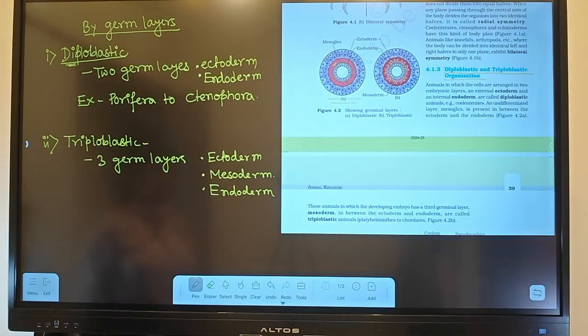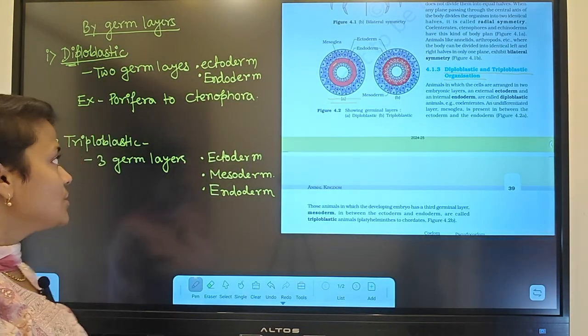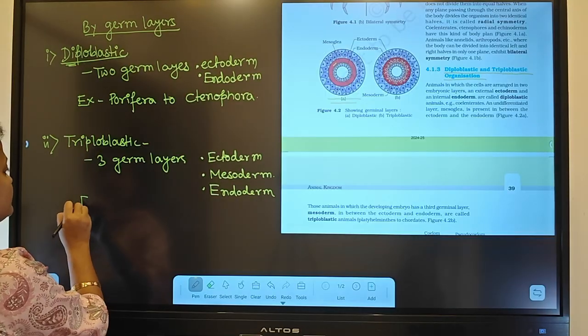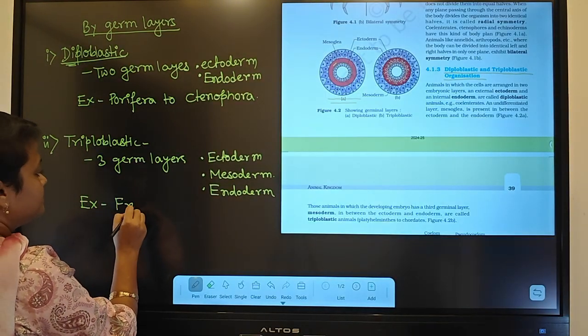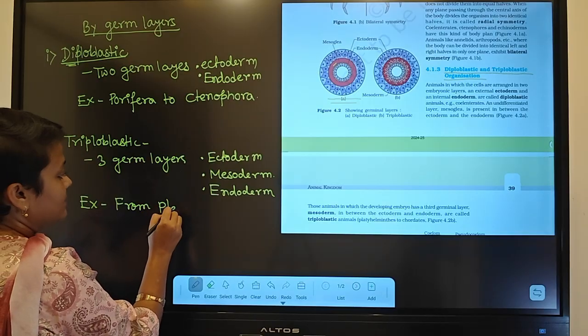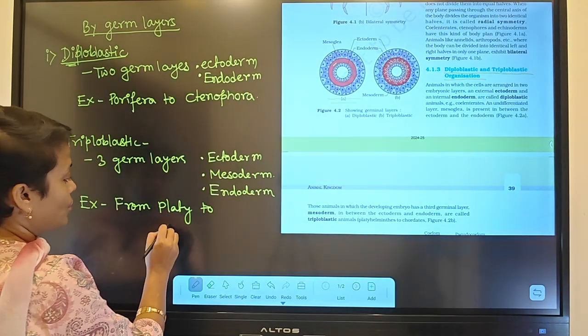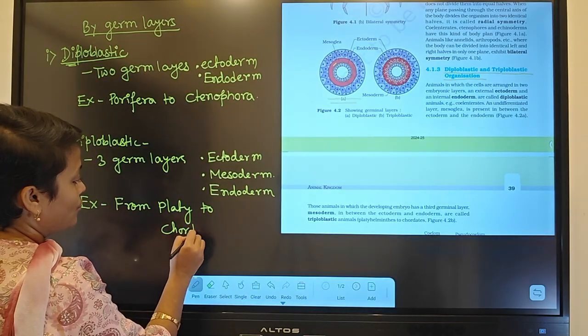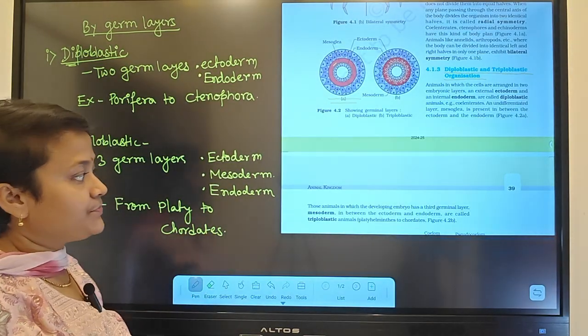From these germ layers the organ systems will develop. Examples are from Platyhelminths to chordates. All will have three germ layers.